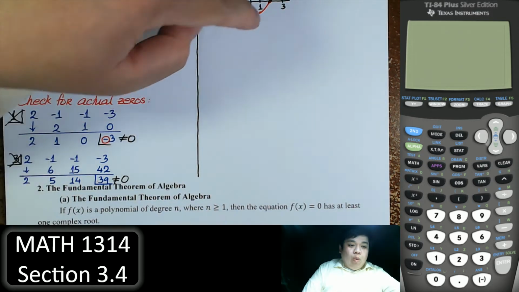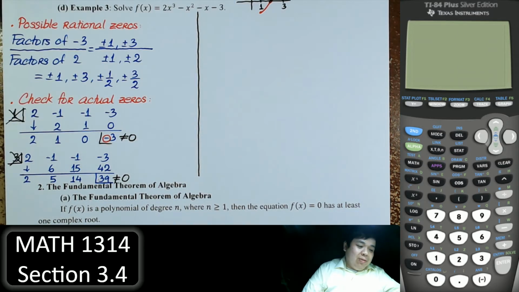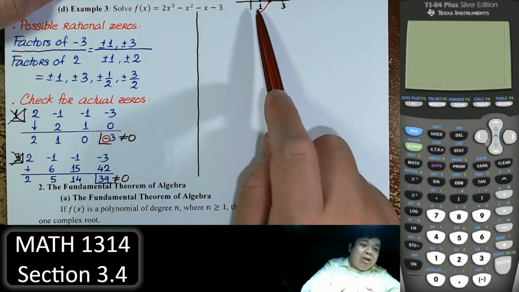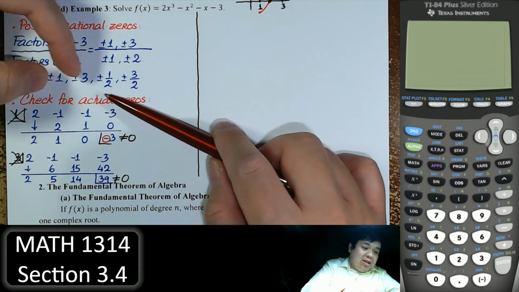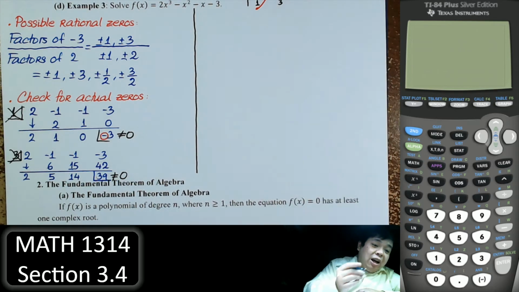So between 1 and 3 there is a 0. Right? So we're not going to test something else. It would be smart if we just find a number between 1 and 3, rather than just guessing the other solution, because we know between 1 and 3 there is a solution.